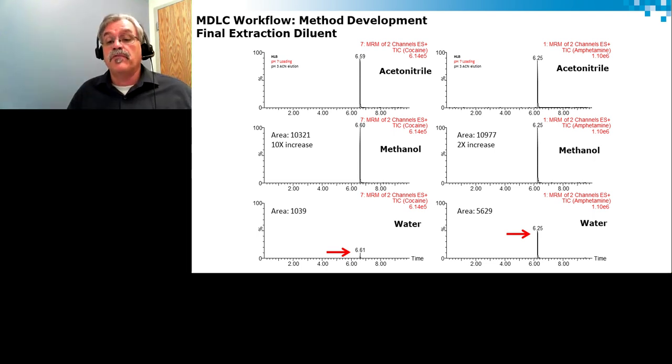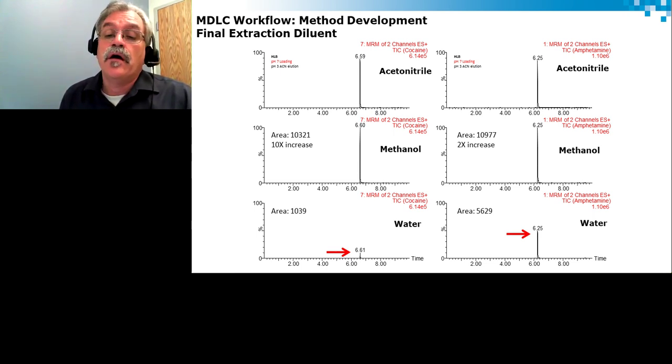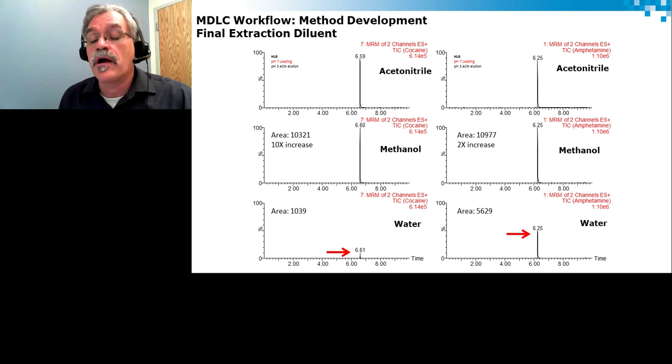Now, the extraction we were talking about, between aqueous and organic: injecting an organic extract will give another level of sensitivity increase. For example, if I look at a cocaine extraction from urine, or amphetamine, and I go from a water final dilution versus a methanol and ACN, I can see a huge increase by going to methanol versus water.